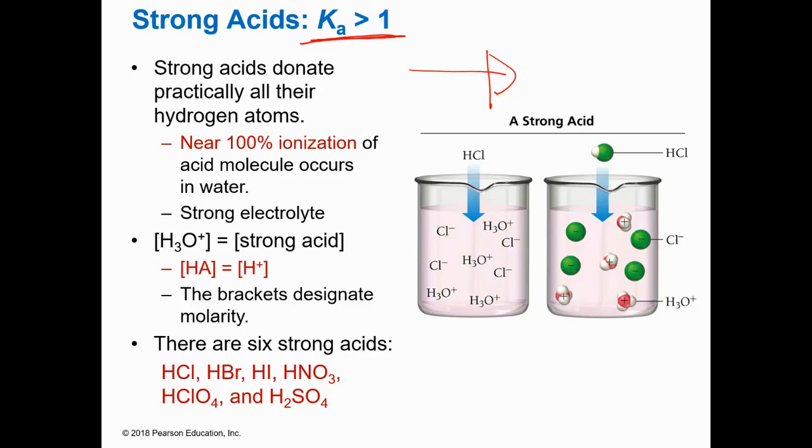It also means the strong acid is the H plus concentration, and you are going to need to make sure you know these 6 strong acids. Okay, if you know those 6 strong acids, everything else is weak. So make sure you know them: hydrochloric, hydrobromic, hydriodic, nitric, perchloric, and sulfuric.